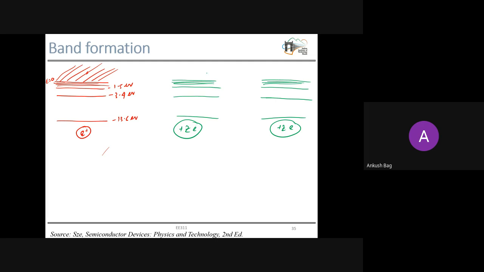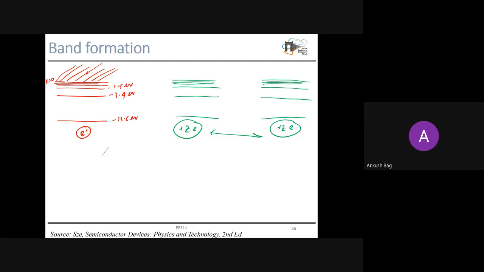Now if these are two separate atoms, what will happen when we start to bring the two atoms closer and closer? Of course this is a thought experiment, and in reality it is not possible, but from a conceptual point of view, let us think that you have two atoms with atomic number Z and you are bringing them closer and closer.